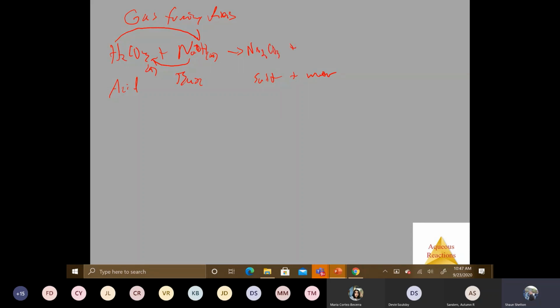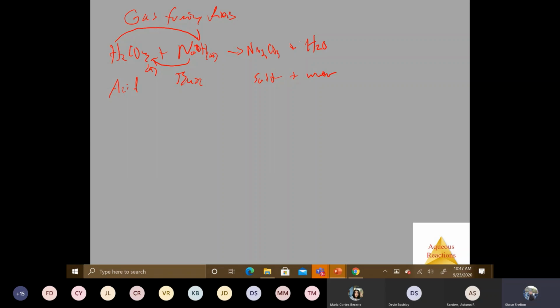Now I'm skipping over a couple pieces here, okay? The charge of sodium is +1, carbonate's -2. That's why I have a 2 as a subscript beside sodium. And then water is H2O. Now, in this example here, we have 2 hydrogens.